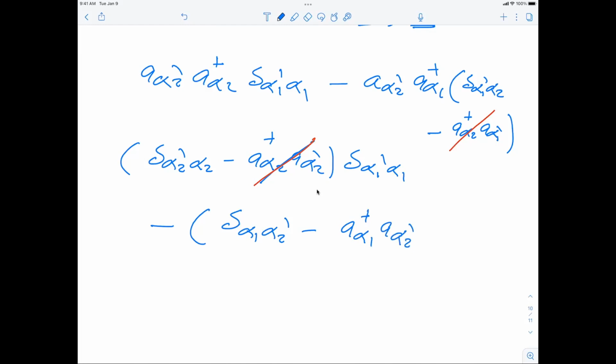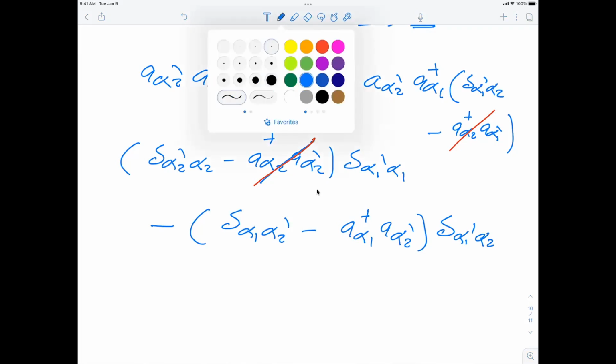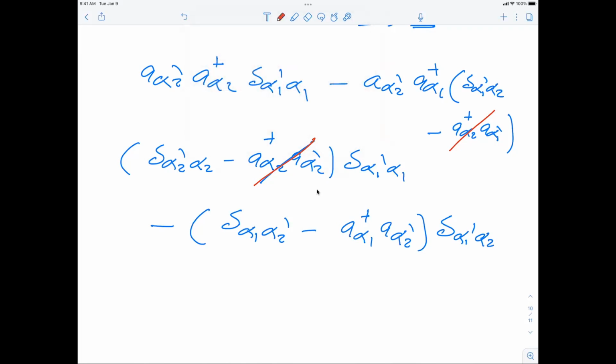And this is again multiplied with delta of alpha 1 prime of alpha 2 here. Then what we have is a term where you see quickly that this final piece, this alpha 2 dagger, when that acts on the vacuum state, gives us 0.